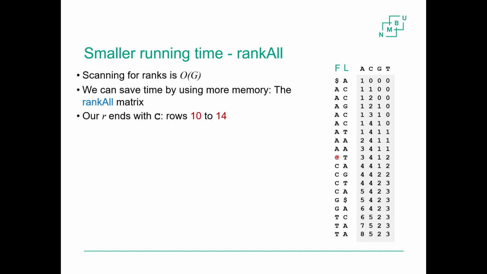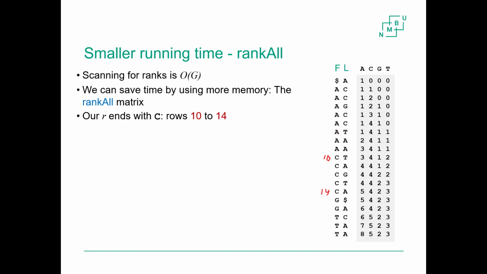And then we found where we find C in this column. So let me go back to this pen again. This C section is actually from row number 10 to row number 14 in this index. And how do we know these two numbers, 10 and 14?